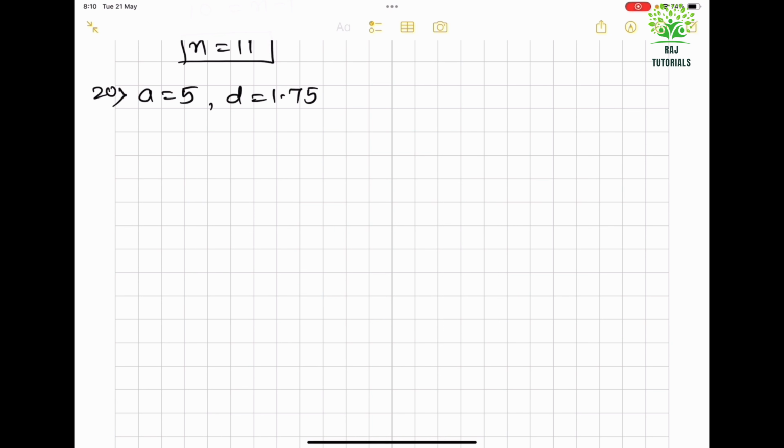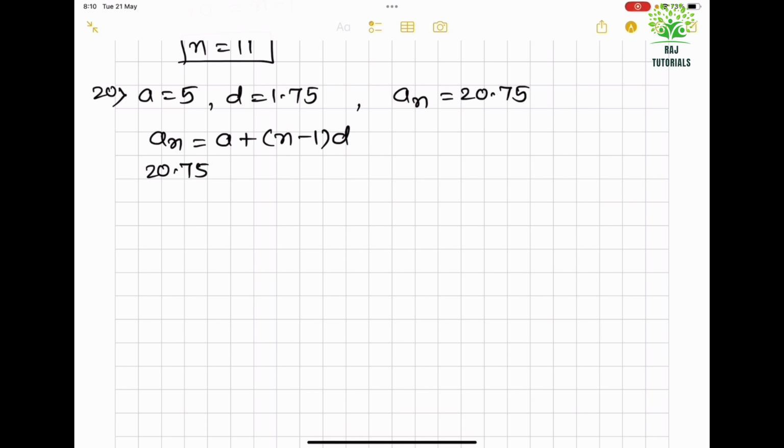If in the nth week her weekly saving became rupees 20.75, so AN equal to 20.75. So find n. So again I will use the same formula, AN equal to A plus n minus 1 D.